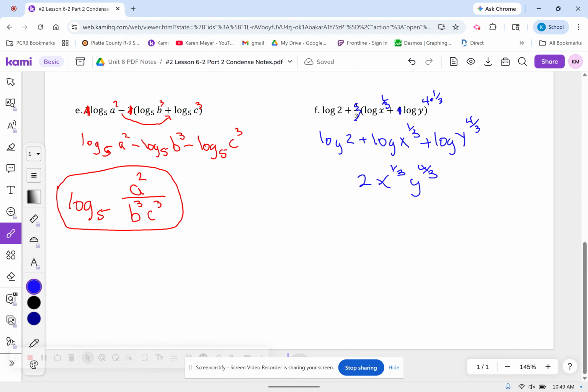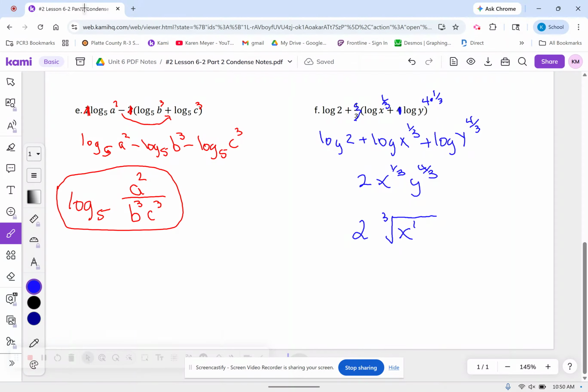But remember, like we talked about with letter B up above, there is no fraction powers allowed when you are condensing. So we're going to change our fraction powers into roots. The 2 here doesn't have a fraction power, so leave that alone. Don't do anything with that. Okay, for the x, that's going to be a power of 1 on the inside, and on the outside you're going to have the index number of 3.